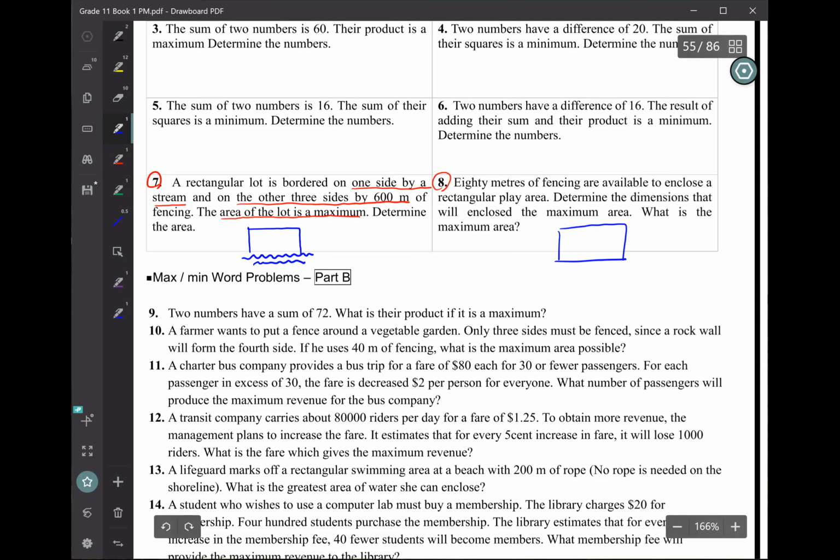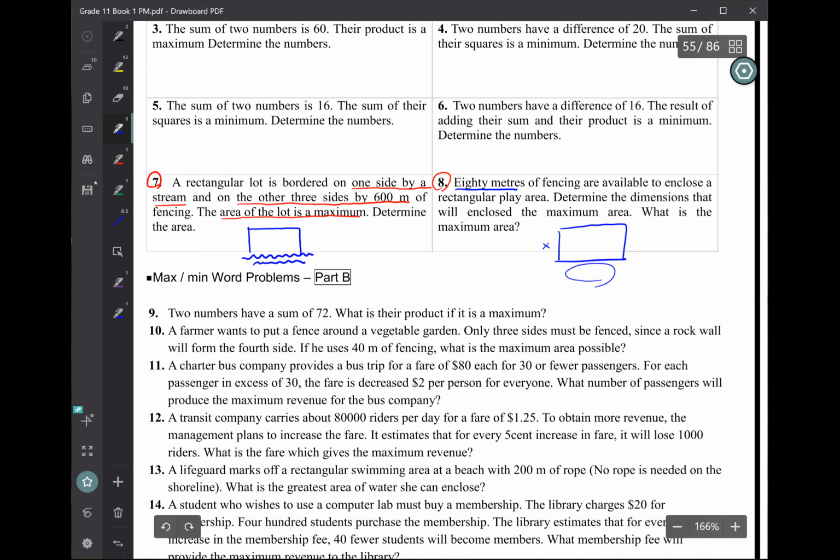You have the 80. It tells you the total is 80. 80 is everything together. So you can choose this one to be X. Then you think about how you set this one up. Length and width, it doesn't matter.